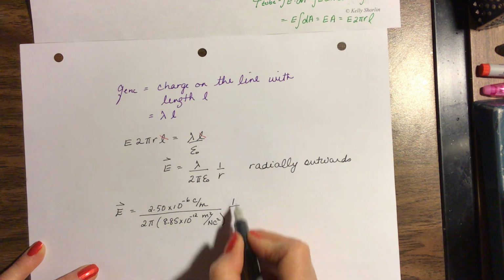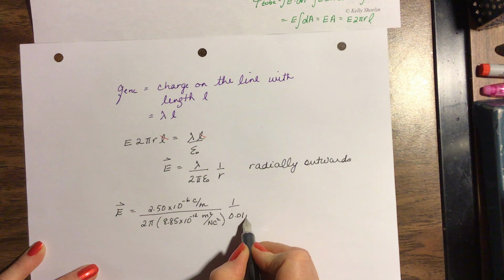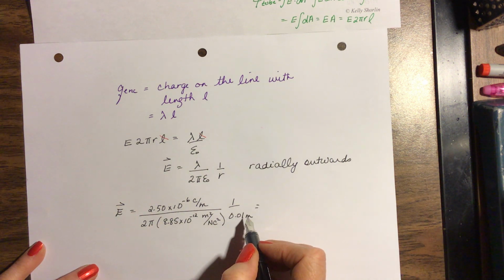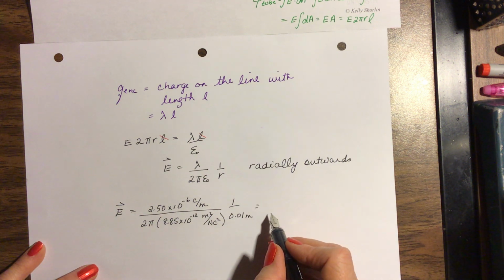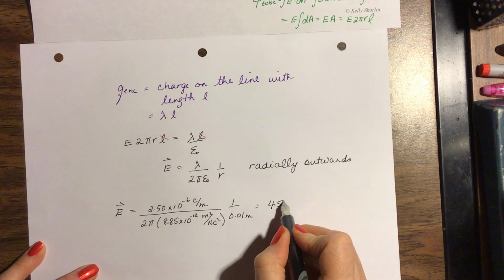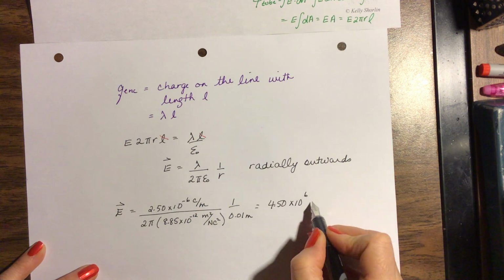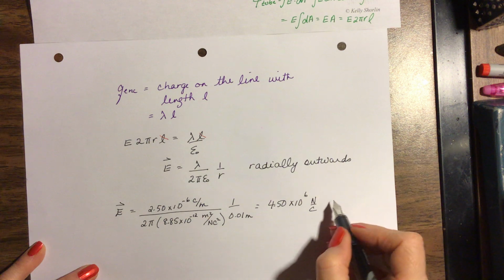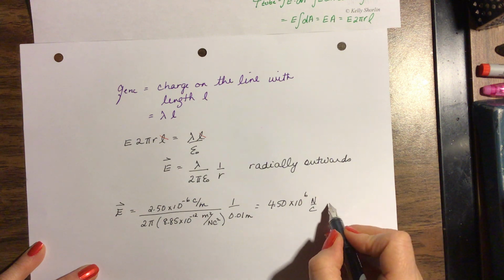Pretty sure I got my units right there. r I'll have to put in meters, of course. Put that through the calculator and I get 4.50 times 10 to the 6 newtons per coulomb, and the direction is radially outwards.